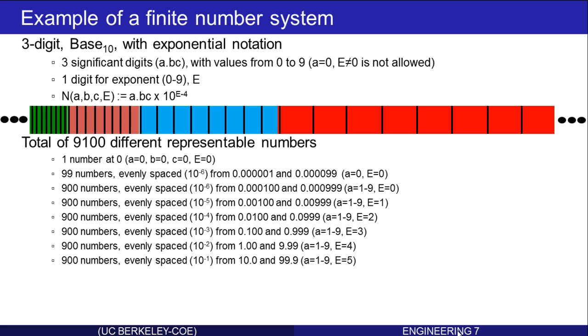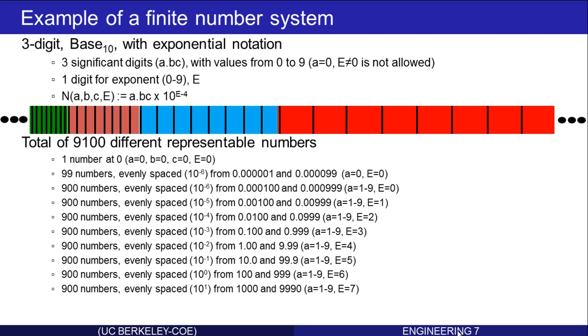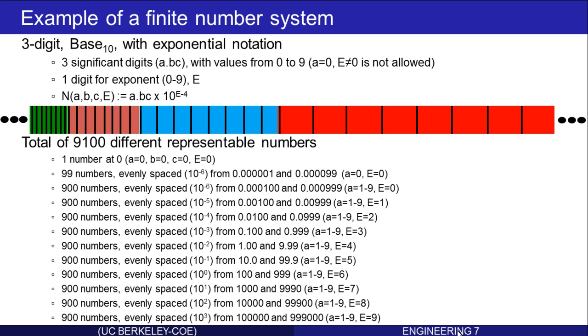And so on with 4, 5, 6, 7, 8, and finally the last one, E equal to 9: 900 numbers evenly spaced from 100,000 to 999,000. Once E was large enough, a regular pattern emerged.